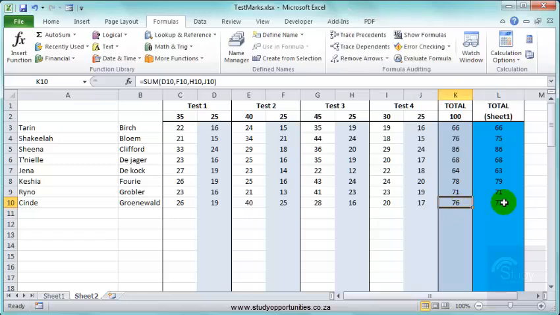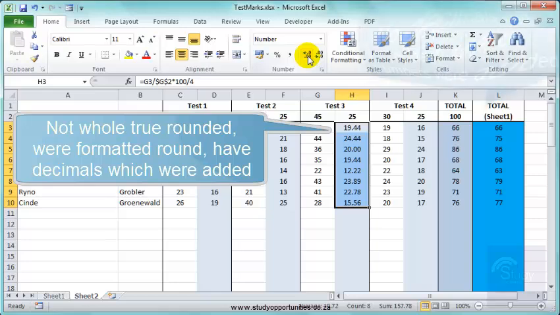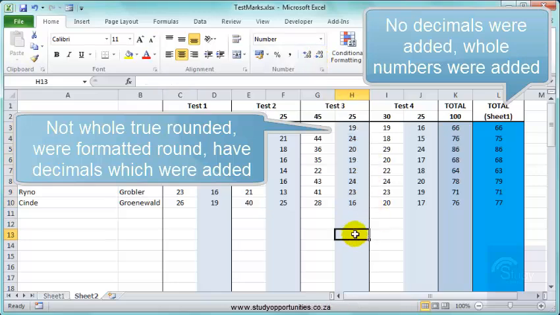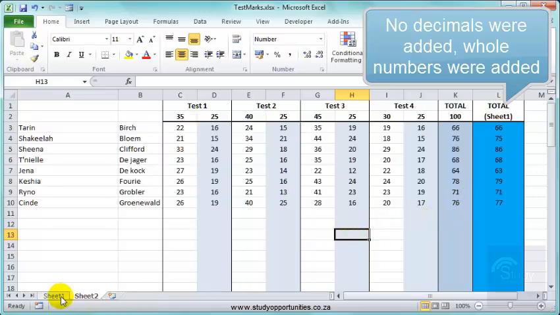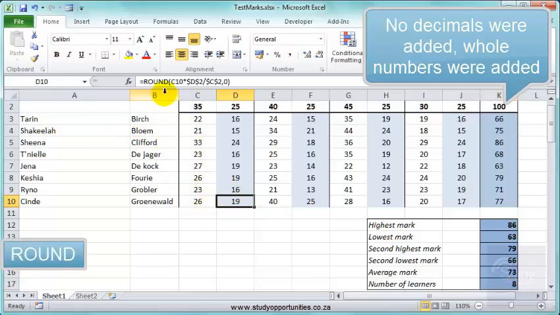There is a difference because these numbers here, oh dear, are not whole, truly rounded numbers. They look rounded because they were formatted round, but they're not true numbers. They were not truly rounded numbers. To round numbers truly, you actually have to use the round function.